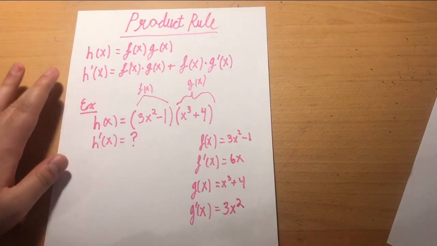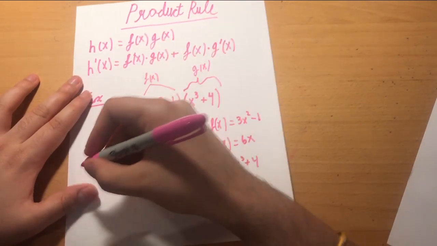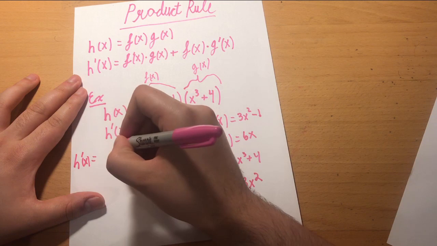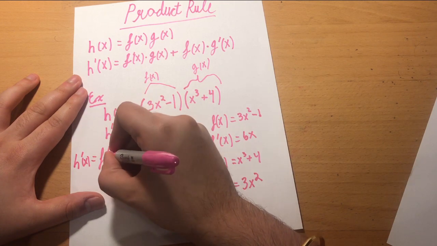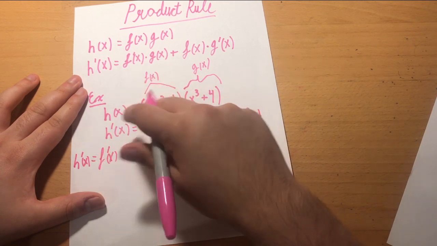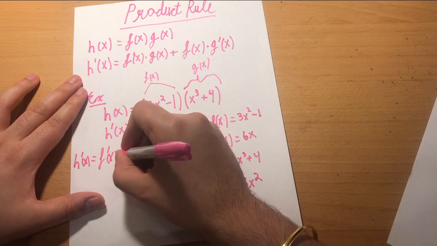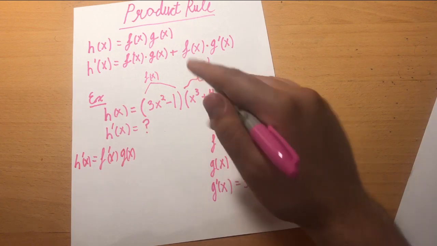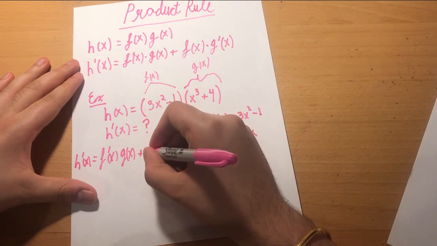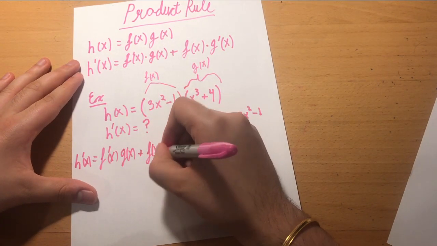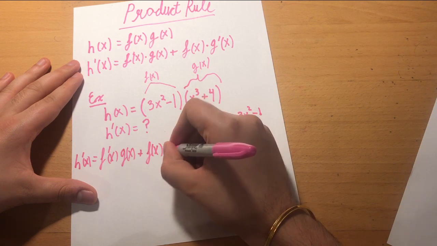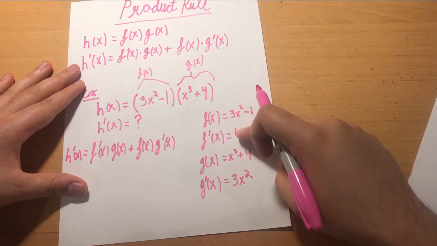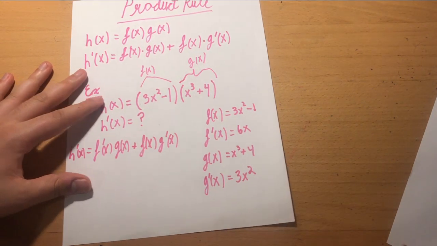Okay? So using our product rule, let's write this out. I know h prime of x should equal the derivative of the first thing, which I made f of x, times the original second thing, which was g of x, plus the original first thing, times the derivative of the second thing. And now I can just take each of these and plug them in.